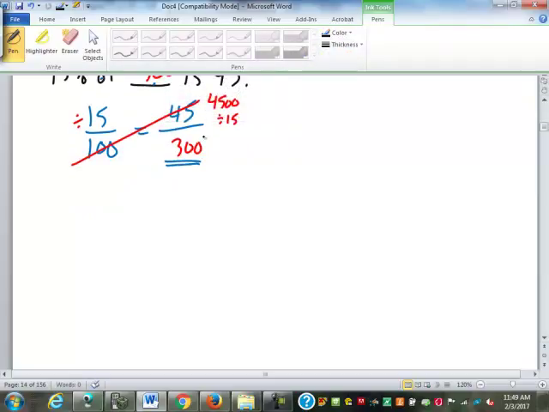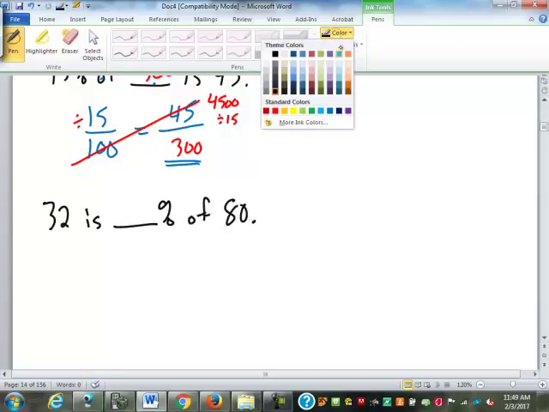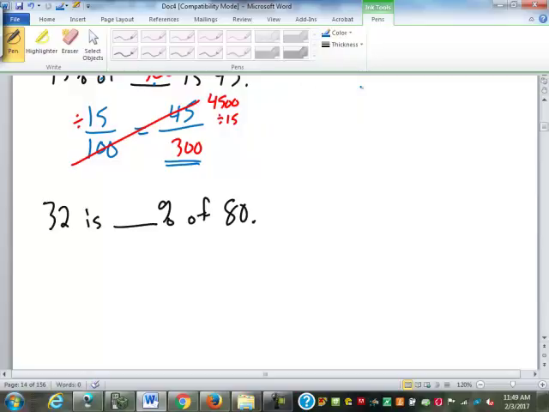So now we can look at one just a little bit different again. It might be 32 is blank percent of 80. For all the problems we've done so far, we started out with the percent. Here, however, we don't have the percent, but I am still going to start with it. Blank percent, blank over 100. Well, 32 is blank percent.